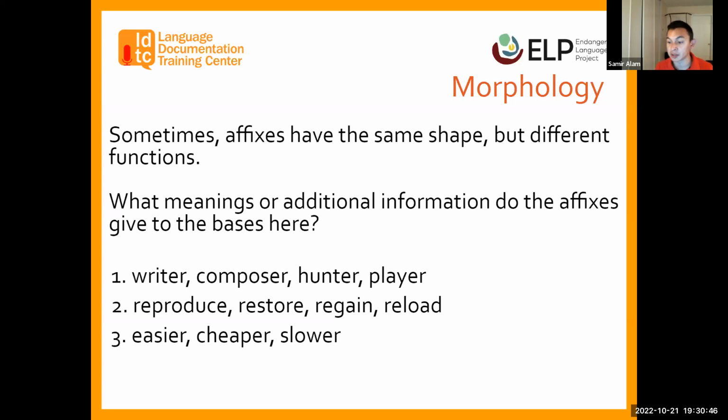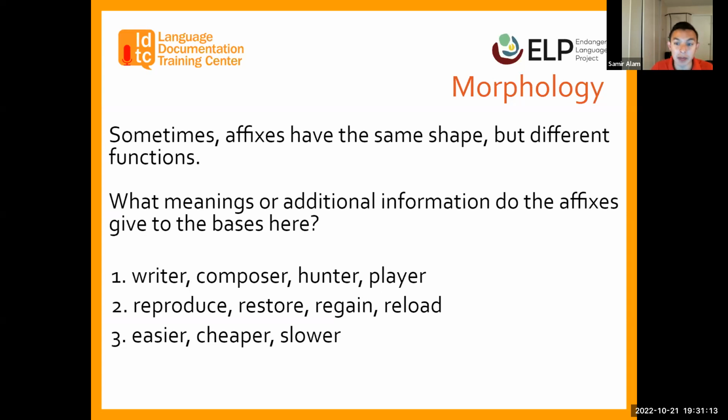Right? So if we think about writer, if we're looking at E and R between 1, 2, and 3, we have write and we have R, of compose R, hunt R, play R. We have a verb and we have a suffix that's coming after it, which is represented by R or ER, depending on the word, in writing at least.